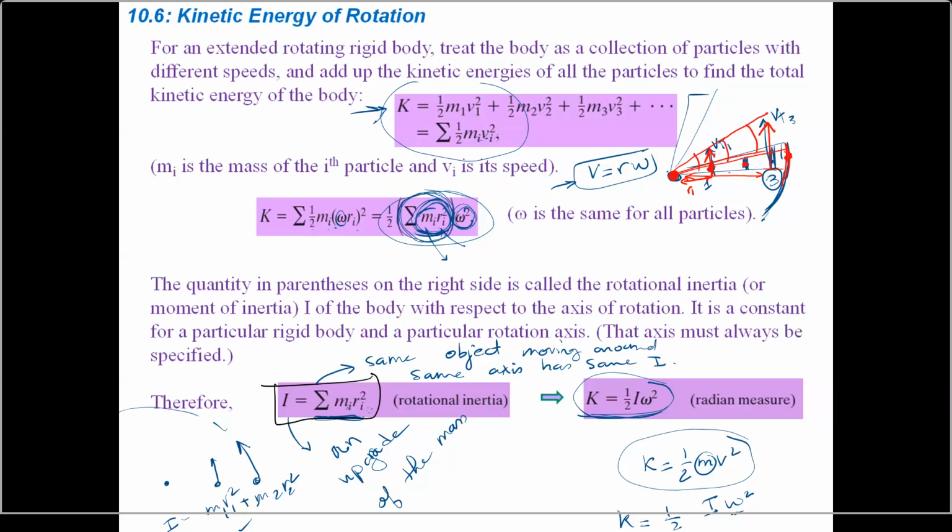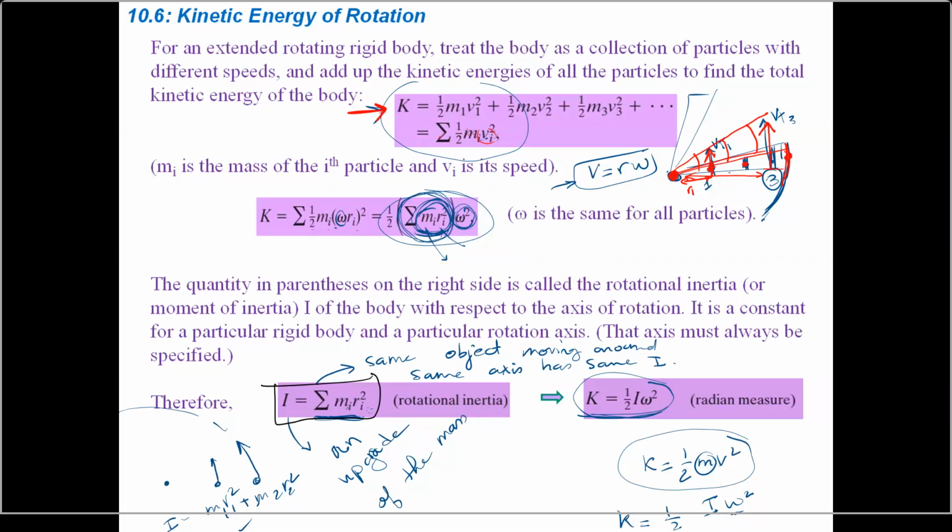In fact, if you use just the kinetic energy equation for the linear quantities, you will have to put the summation of half all of the masses times their speeds squared, because different points will have different speeds. So I'll have to take the mass of every point and multiply it by the speed at that point, right?